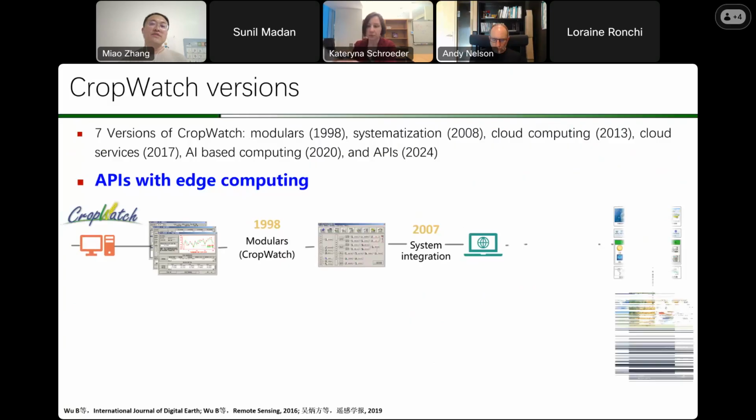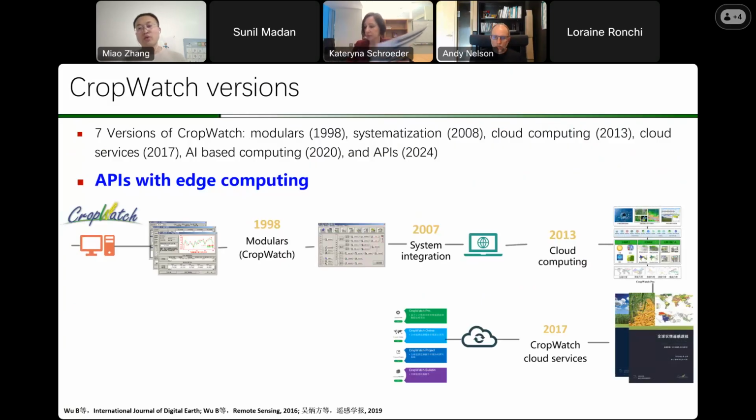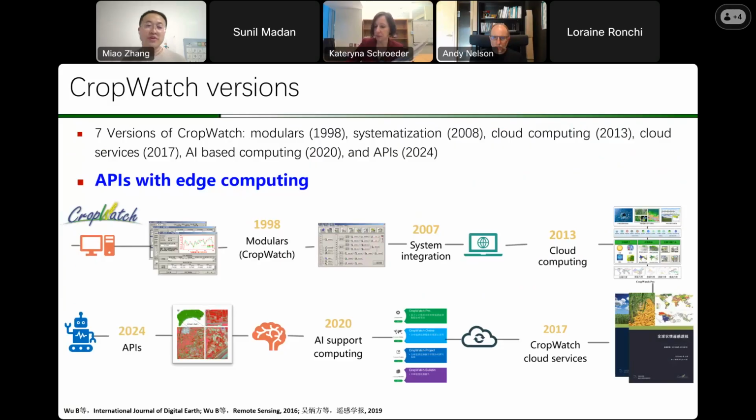Since then, the government has supported us with several programs and projects to enhance the crop monitoring systems. Up to now, we already have 7 big upgraded versions of the CropWatch system. At the beginning, we had separate modules, and then in 2008, we developed a whole system that integrates all the different components together and uses a whole database to manage the system and the data.